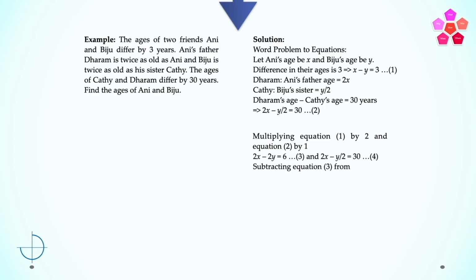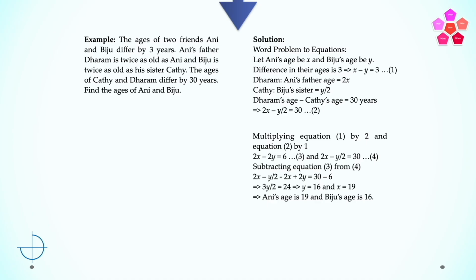Subtracting equation 3 from 4, we have 2x minus y by 2 minus 2x plus 2y is equal to 30 minus 6, which implies that 3y divided by 2 is equal to 24, which finally implies y is equal to 16. And by substituting the value of y in the equations 1 or 2, we get x is equal to 19, which implies that Ani's age is 19 and Biju's age is 16.